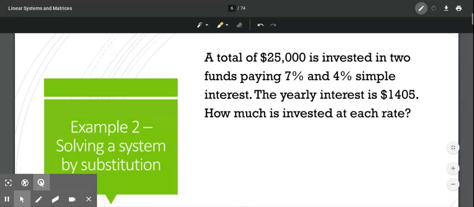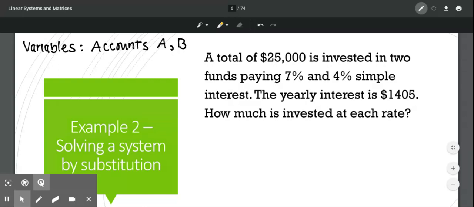The first thing you have to do with story problems is figure out what your variables are going to be. So what are the two things in this case that they're comparing? They're comparing the 7% account and the 4% account. So our variables are going to be the accounts, and let's call those A and B.